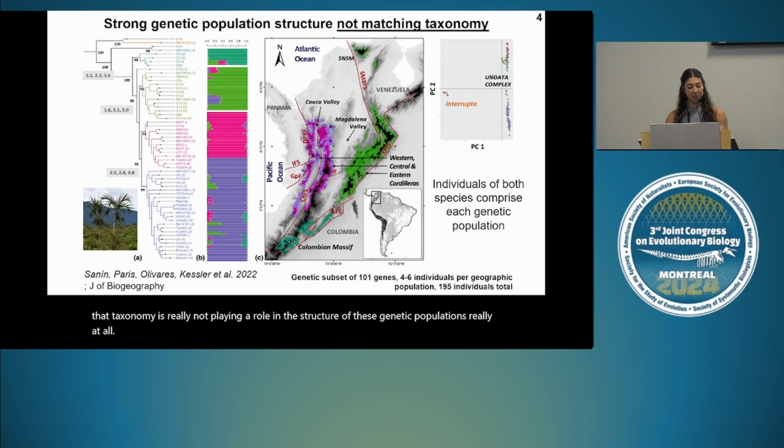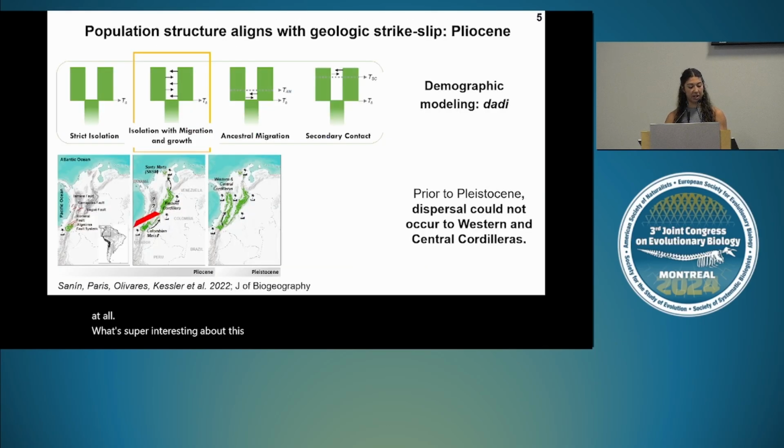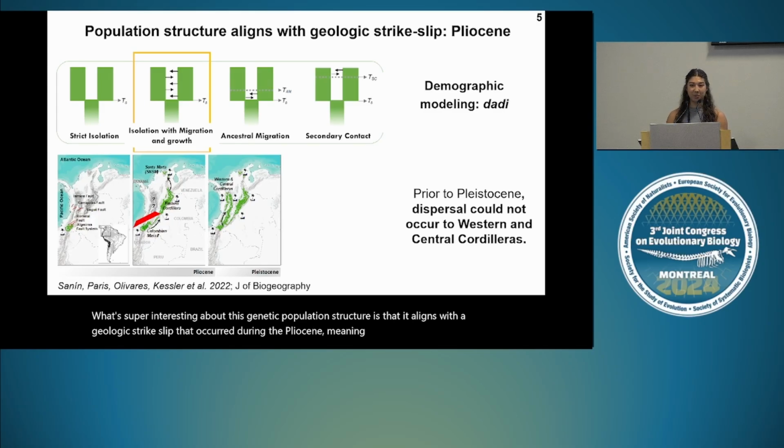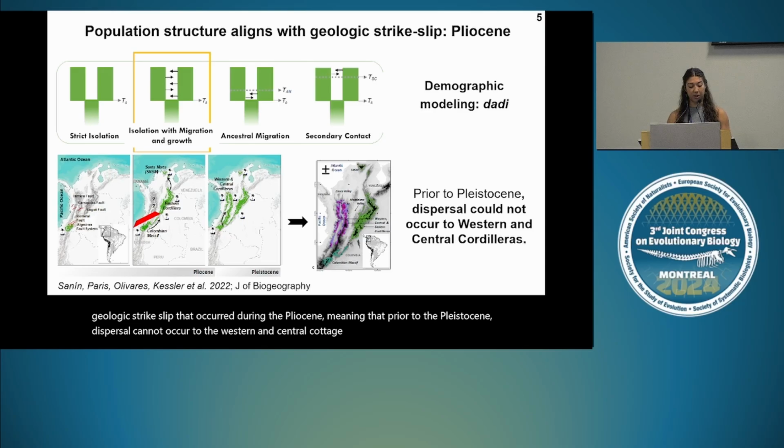What's super interesting about this genetic population structure is that it aligns with a geologic strike slip that occurred during the Pliocene, meaning that prior to the Pleistocene, dispersal could not occur to the western and central Cordilleras. There was also some demographic modeling done in this paper, and specific to the western and central Cordilleras, the variation displayed aligns most closely with the demographic model of isolation with migration and growth.